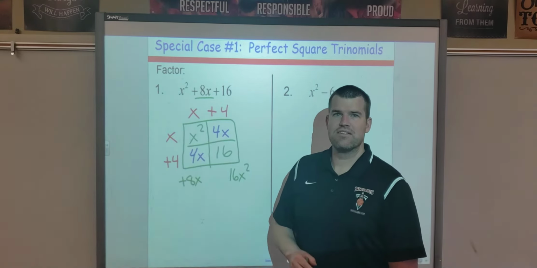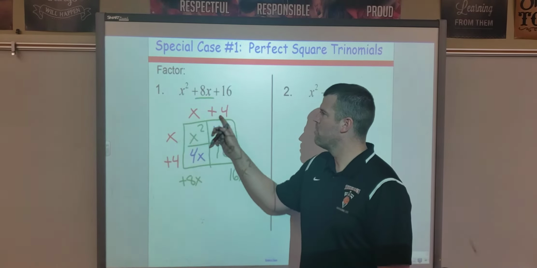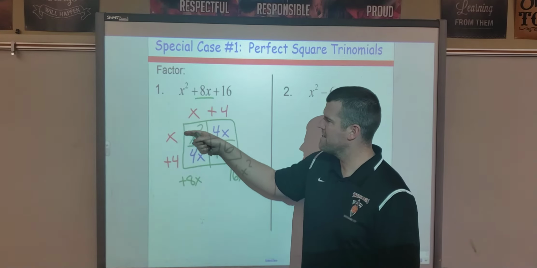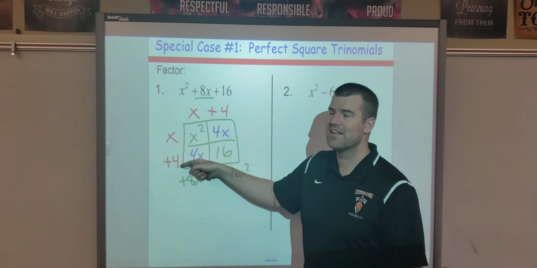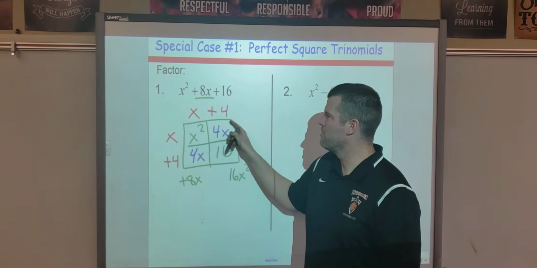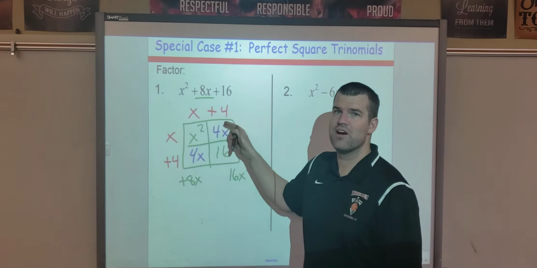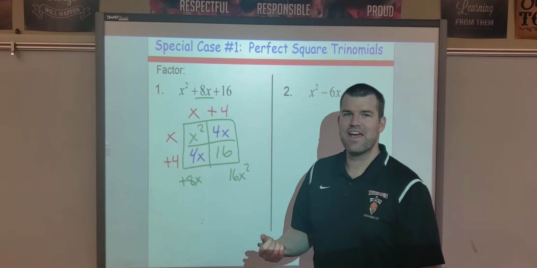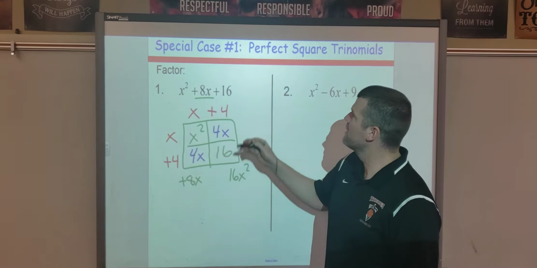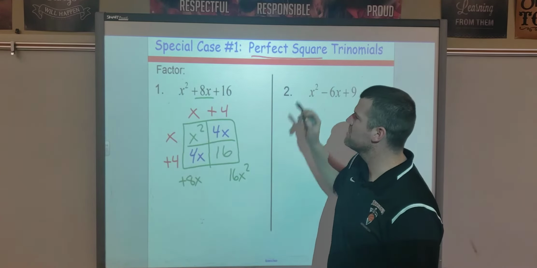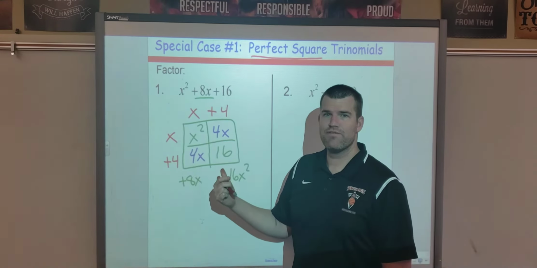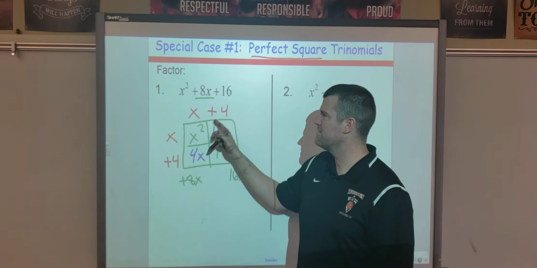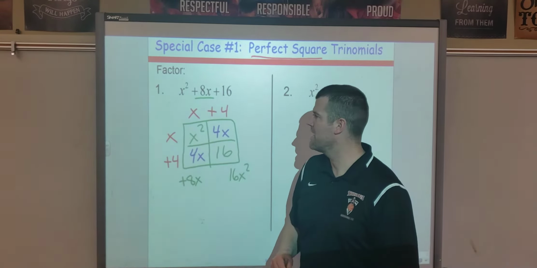So what you might notice on this one is our binomial on top is exactly the same as our binomial on the side. So since we have a box where both sides are the same length, we call that a square, right? Just like the squares you've always done growing up, they have the same side lengths. So we call this a perfect square trinomial because when we factor it, we end up getting the same exact factors for the top and the side.